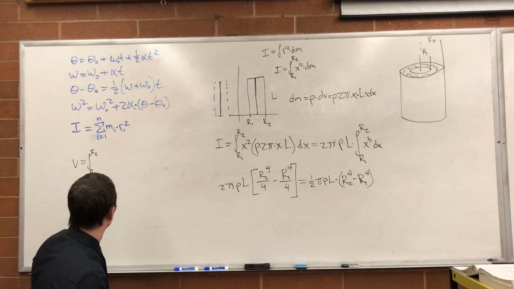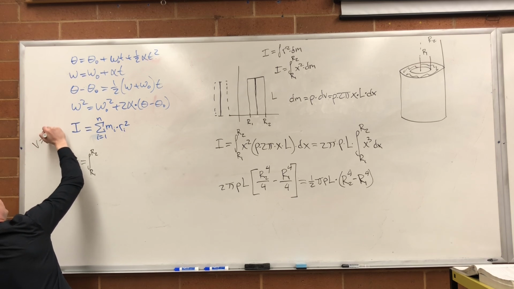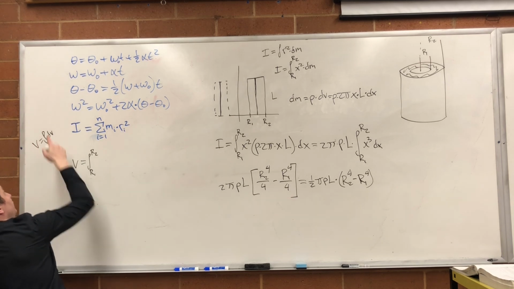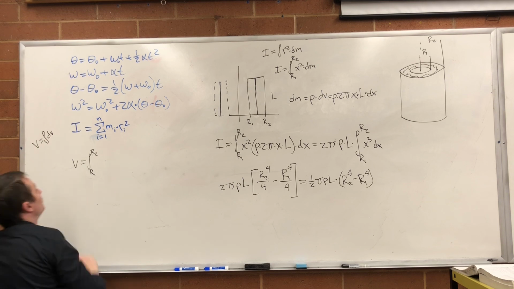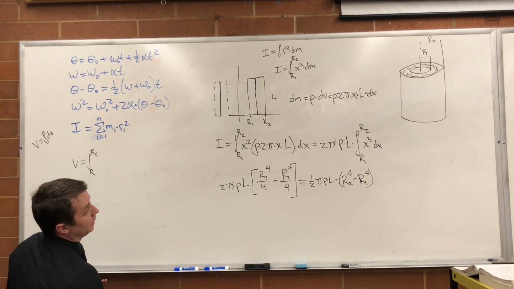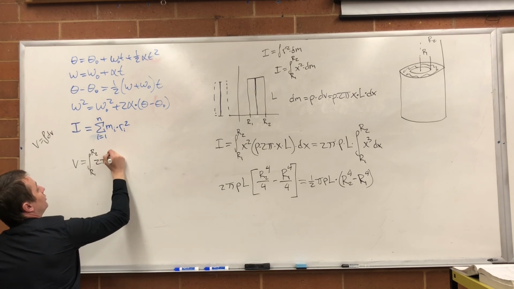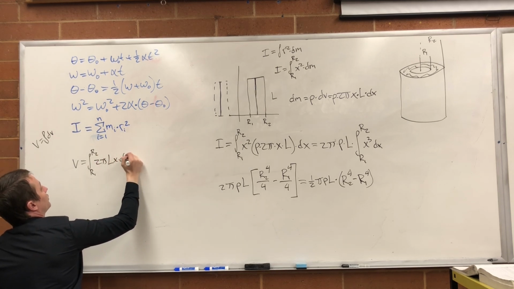In short, volume is equal to the integral of all the infinitesimal dV's, but our dV, nothing's changed. It's 2 pi x L dx. So 2 pi L x dx, right?